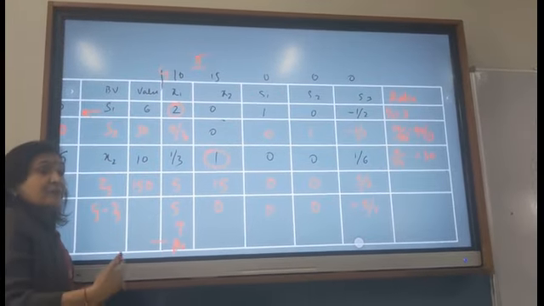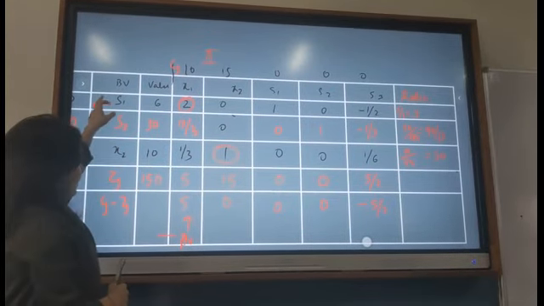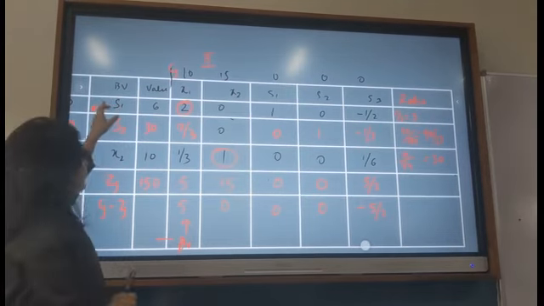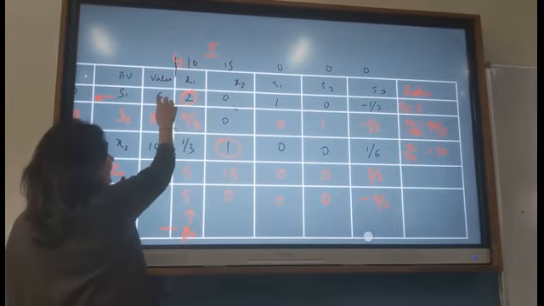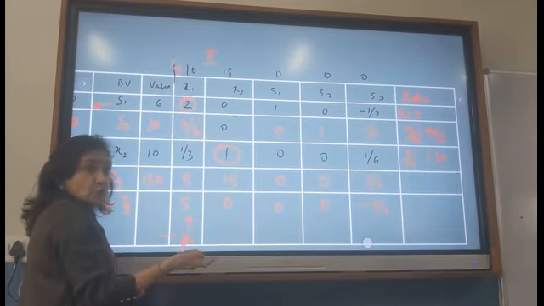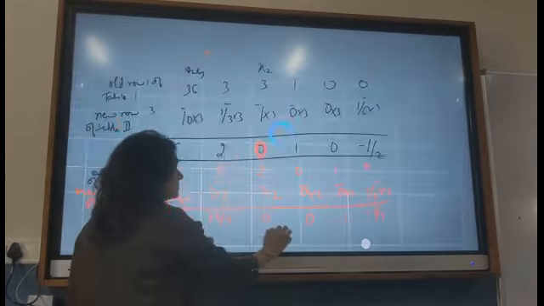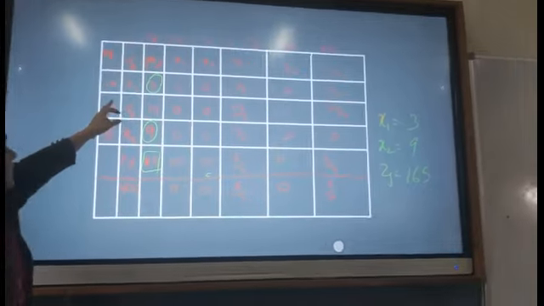Okay? Table 3, the first step I do is I enter x1 in row 1. And how do I find my new row x1? By dividing each element of the old row 1 of table 2 by its intersectional element. Here it is.